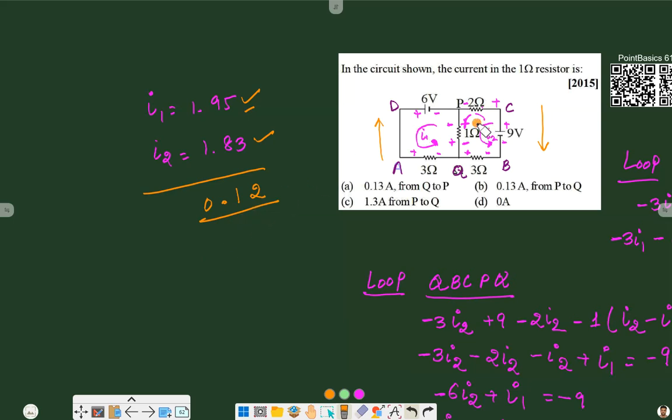So current in this 1 ohm resistor should be going upward from Q to P with amount 0.12, and option A, that is 0.13, because of rounding off, from Q to P is the right answer. The value of current will be either 0.13 or 0.12 depending upon how much rounding you do. So with this, let's move to the next question.